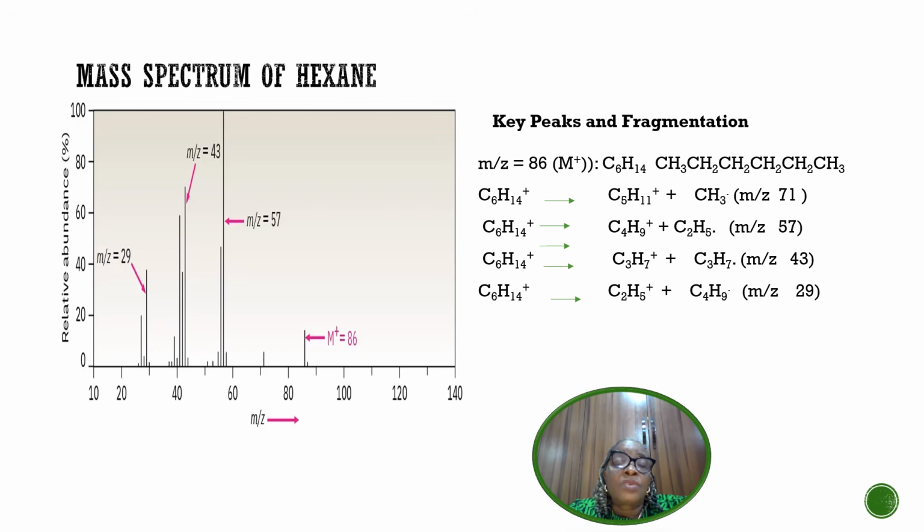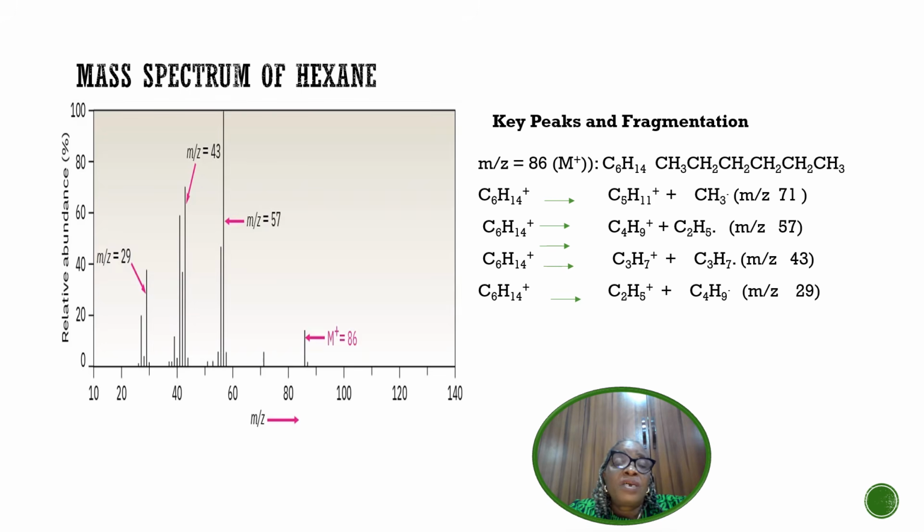m/z 57 there shows is the longest peak, and it is called the base peak. It is the formation of a butyl cation and the loss of an ethyl radical. We have another peak at m/z 43. The m/z 43 produces a propyl cation and a propyl radical loss.